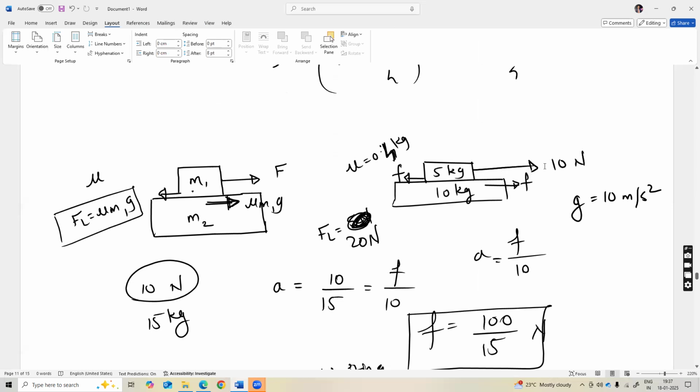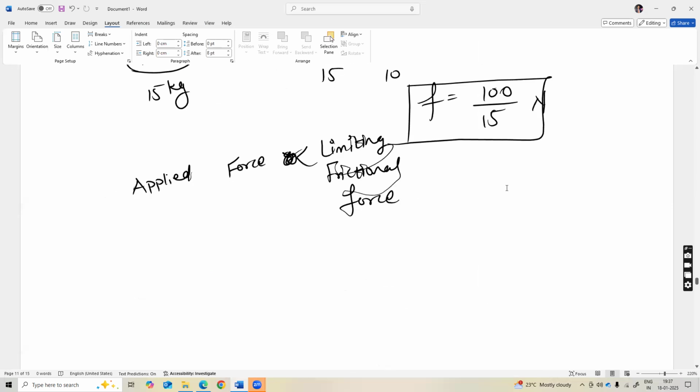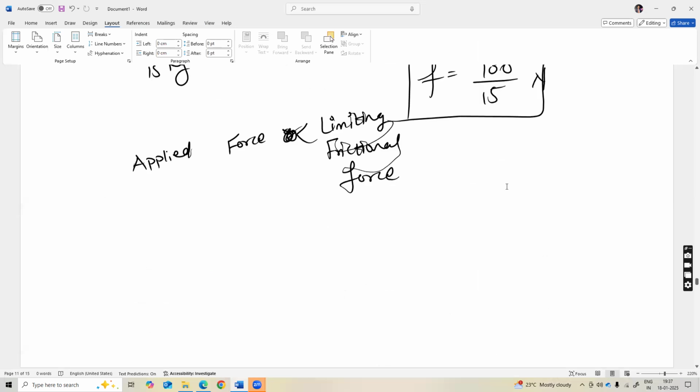Because when you apply 10 Newton force, there is a frictional force acting on this 5 kg block, and similarly an equivalent frictional force is acting on this 10 kg block.